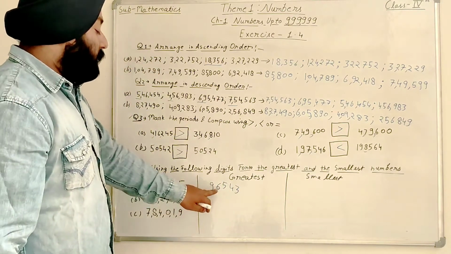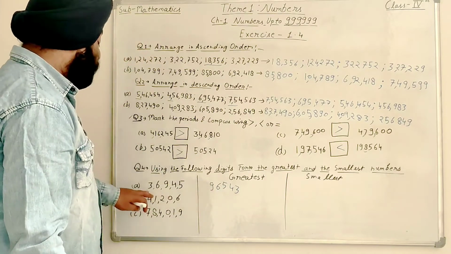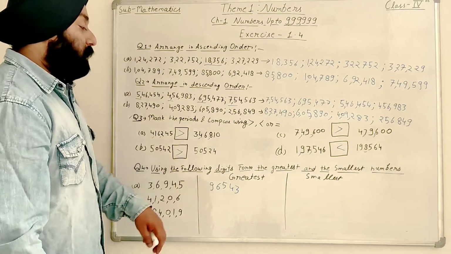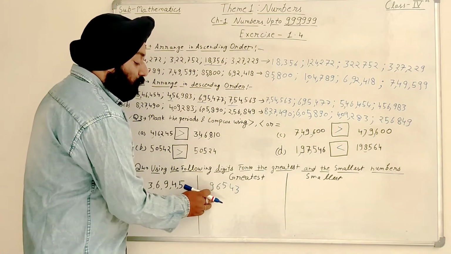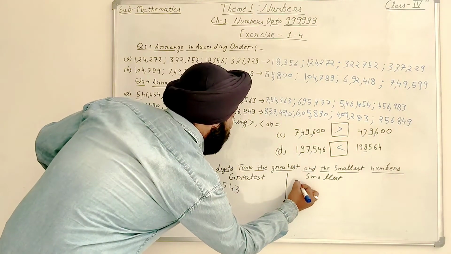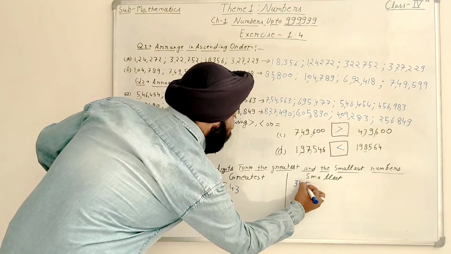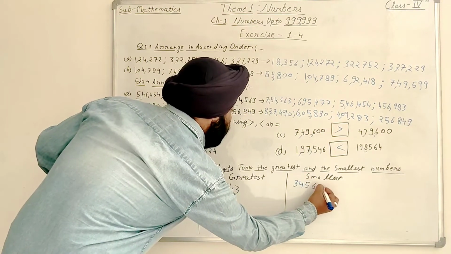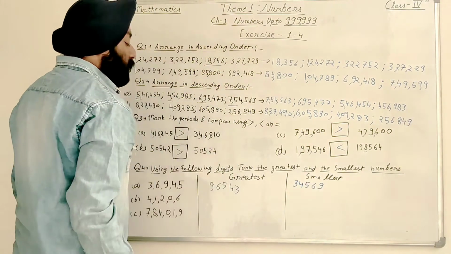So the greatest number is 96,543. And the smallest is the reverse of this, 3, 4, 5, 6 and 9. This is the smallest number.